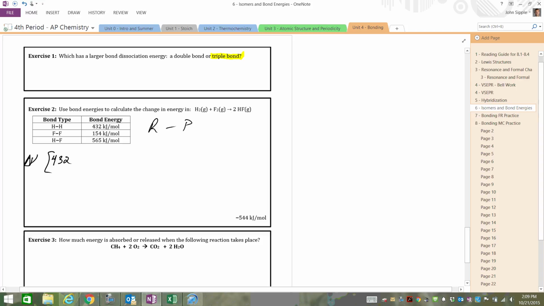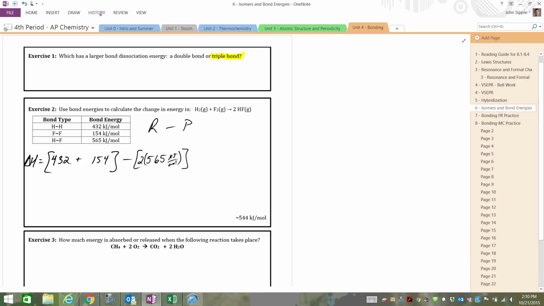So delta H is equal to 432 plus our 154 from the fluorine, minus our products. We have 565 kilojoules per mole associated with that HF bond. But how many HF bonds are we forming here? 2. So we have to multiply that by 2.